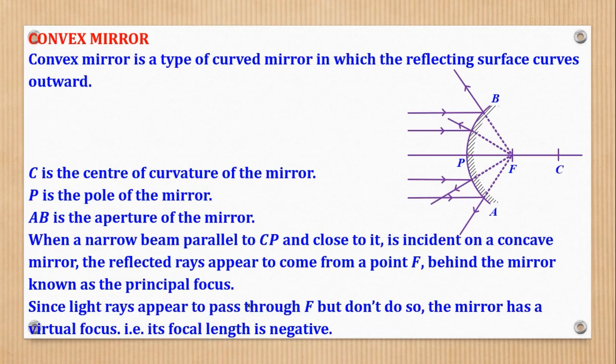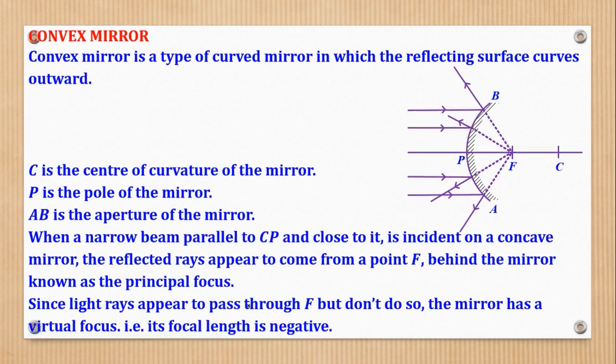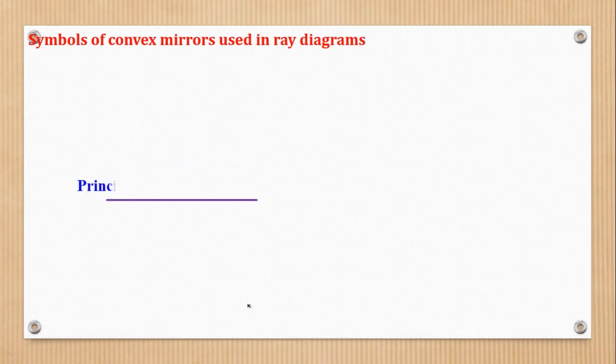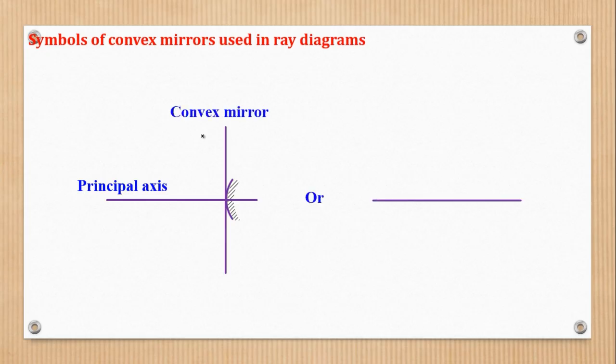That should be remembered because it is going to be used in the calculations. Still, we shall do the same with the symbols, similar to the previous ones, only that here this reflecting surface curves outwards in both cases. So any of the two symbols you prefer to use is okay.